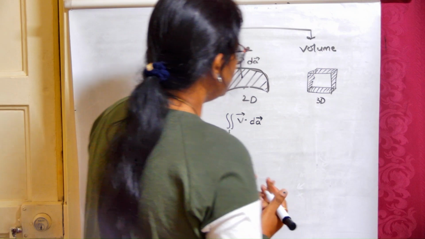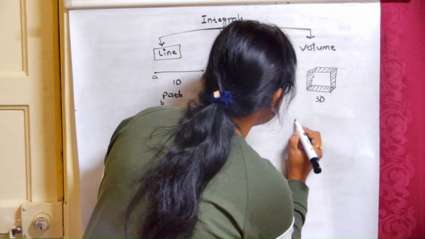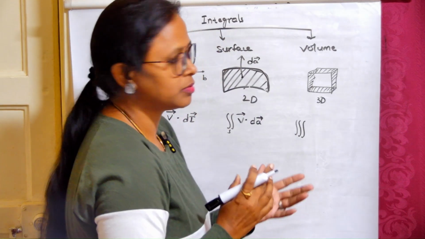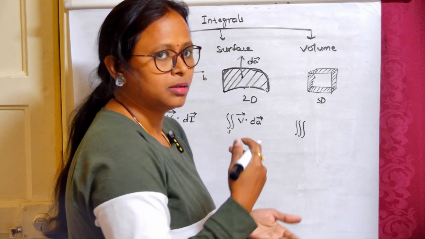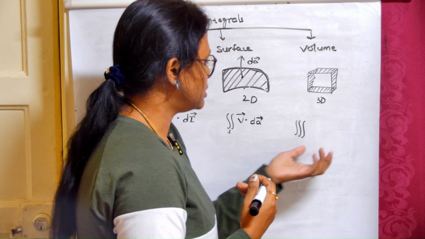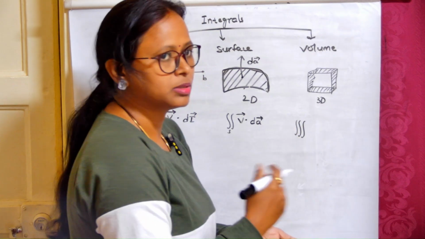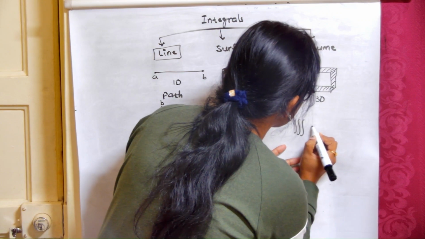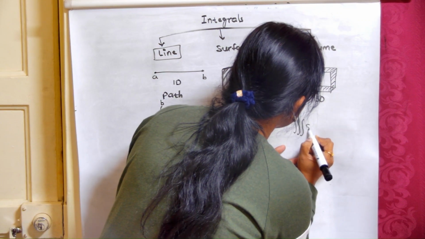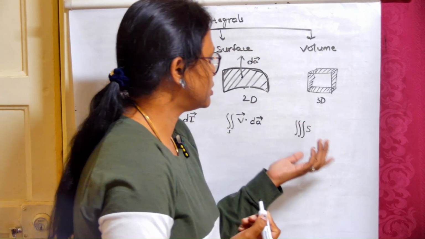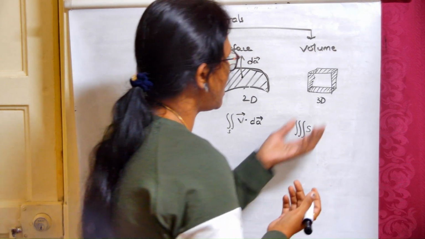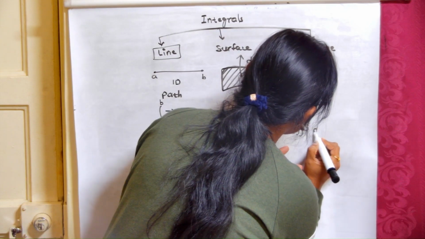When it comes to volume integrals, as it is three-dimensional, we have to integrate that function along three different axes. So usually volume integrals are mostly applied to scalar fields, and the volume is a scalar.